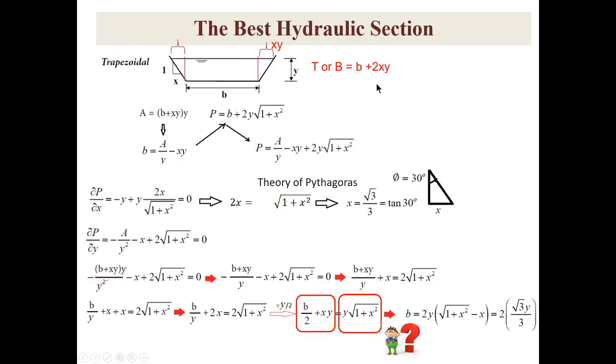Look here, this is my top width. If I divide this by 2, exactly I can get this equation, and from here I can get a conclusion. This conclusion says that the length of the side equals half of the top width.